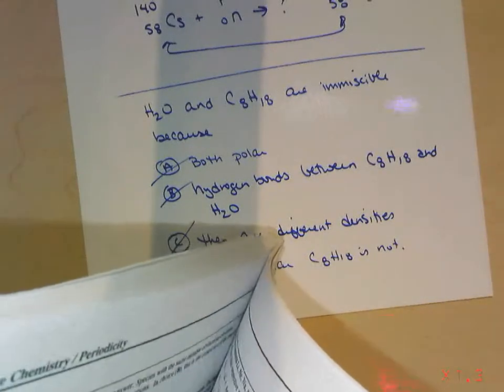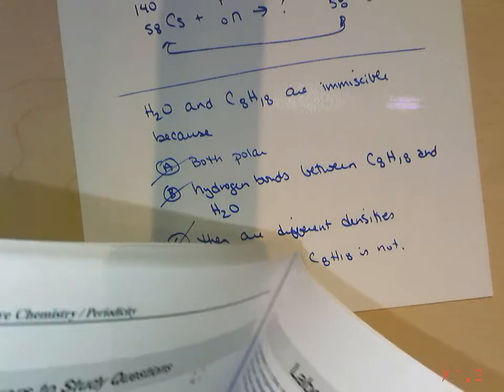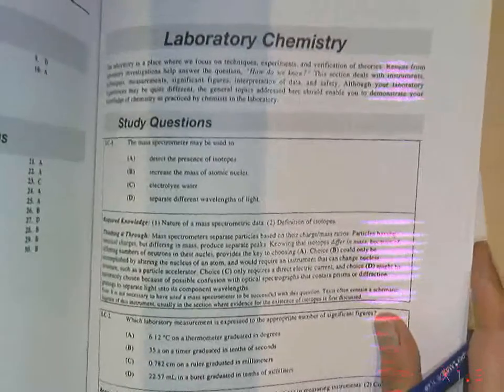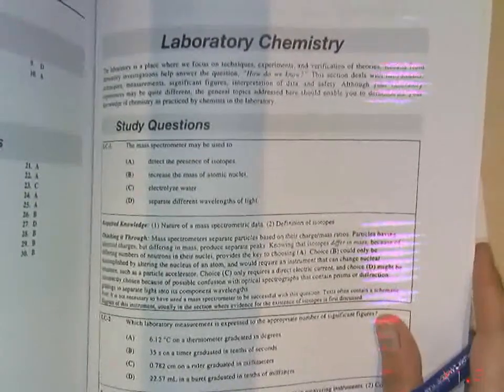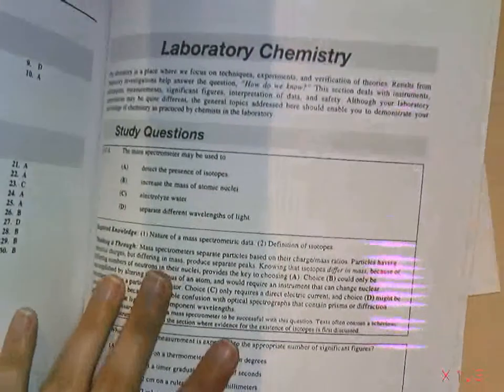there's always going to be a few questions in this section called laboratory chemistry, but they're usually fairly straightforward questions. For example, on this particular year's test, it was things like, let's find it. Which of the following should not go down the drain?